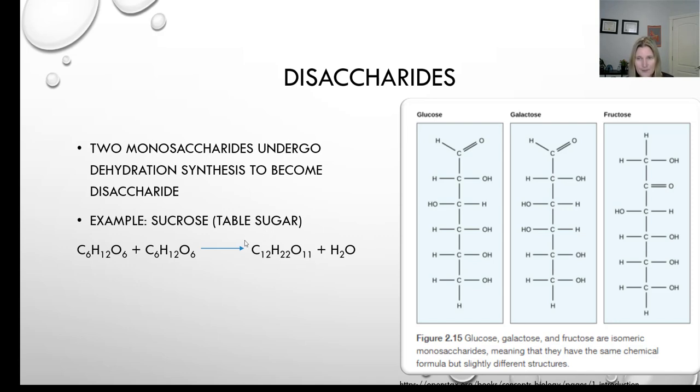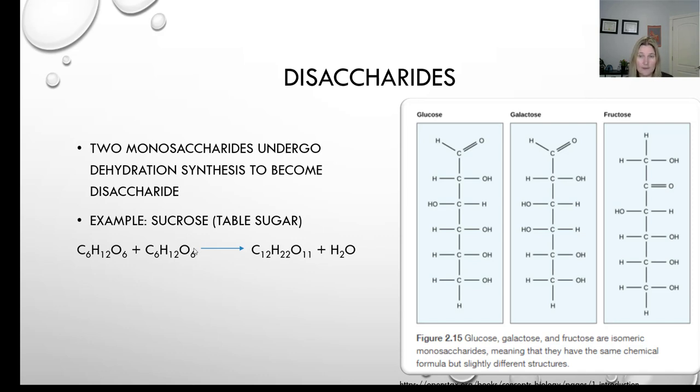And so you can see that combined, their chemical formula is a little different now, okay? So we have our 12 carbons, so that's basically adding those two numbers together. But look at the hydrogens, okay? If we added these two together, we would get 24 hydrogens. But since I removed 2 of them, it dropped down to 22 in our sucrose chemical formula.